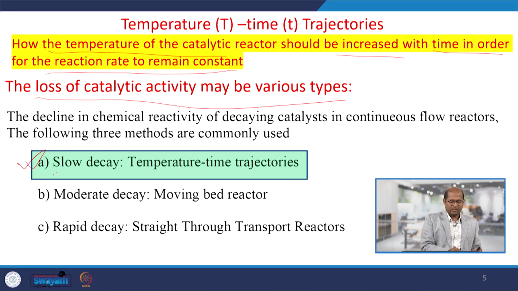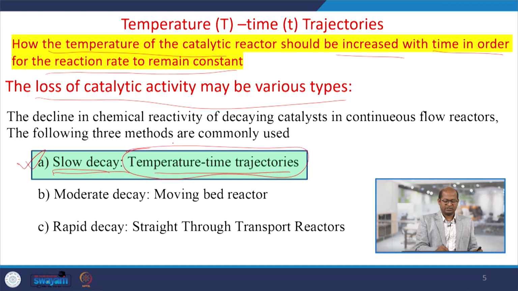When the poison molecule concentration is very low, it gradually deactivates the catalyst, but the rate of deactivation is very slow. With that slow deactivation, the conversion or the rate of reaction decreases slowly. In that case, when slow decay is there, we have to use temperature trajectories.